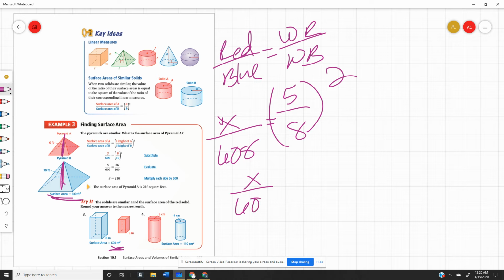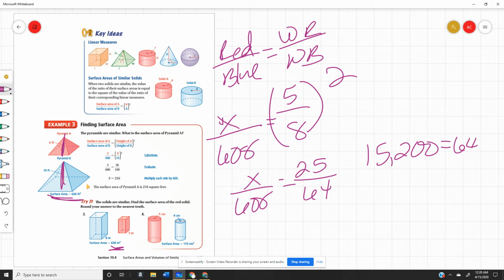X over 608 is equal to 25 over 64. That's going to make a difference. 608 times 25 is 15,200 equal to 64x. Divide by 64.